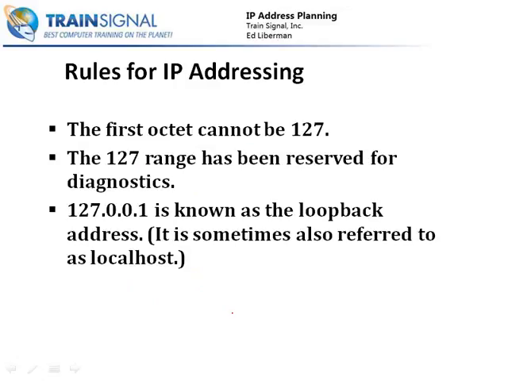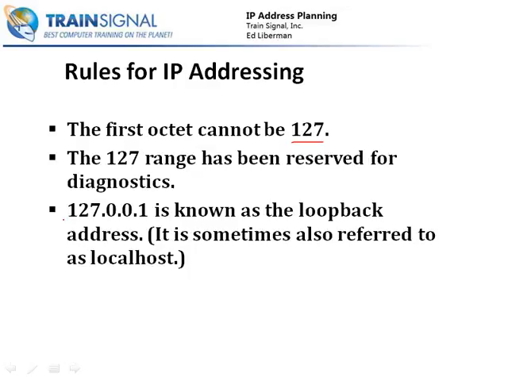Now another thing you should know is that the first octet, or that first number, cannot be 127. You will not see an IP address for a computer that starts with the number 127. The reason why is because the 127 range of IP addresses has been reserved for diagnostics.